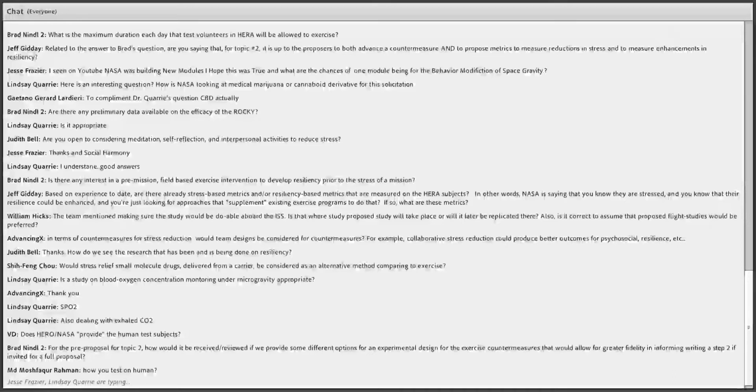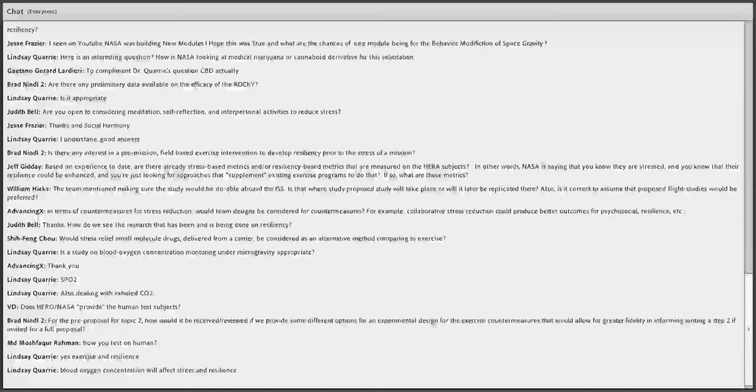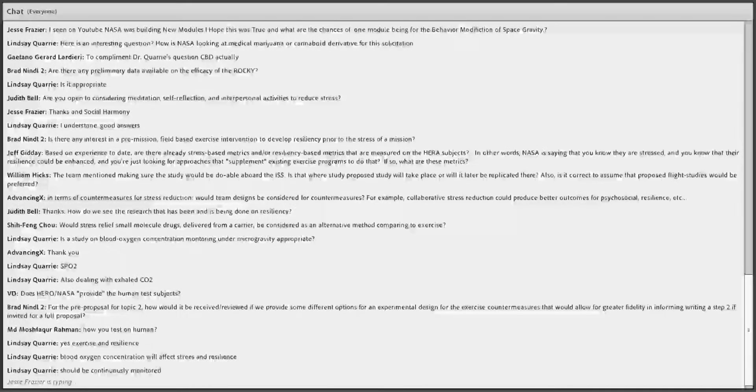For the pre-proposal for topic 2, how would it be received and reviewed if we provide some different options for an experimental design for the exercise countermeasures that would allow for greater fidelity in informing writing a Step 2, if invited for a full proposal? We always welcome excellent experimental designs that offer a conceptualization that would offer greater fidelity.